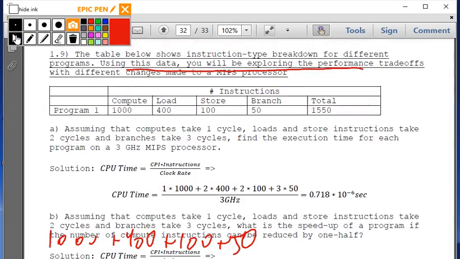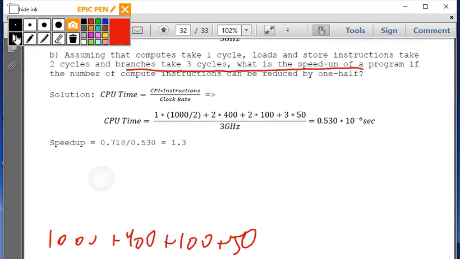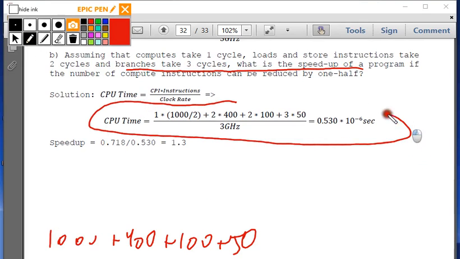So the number of compute instructions was 100. Now we just do the same equation as before, except since we know Amdahl's law, we can just say 100 divided by 2, plug into the exact same equation, and we get the second value. And then this is the decimal value.